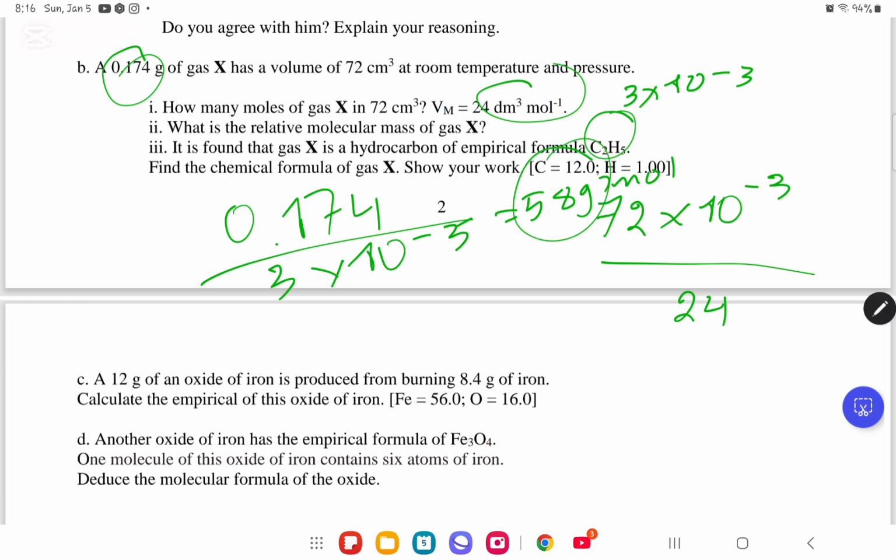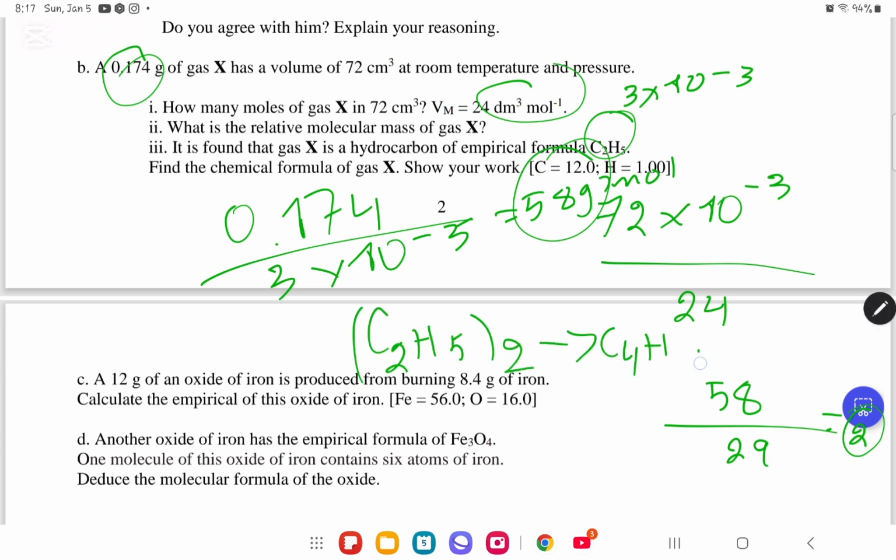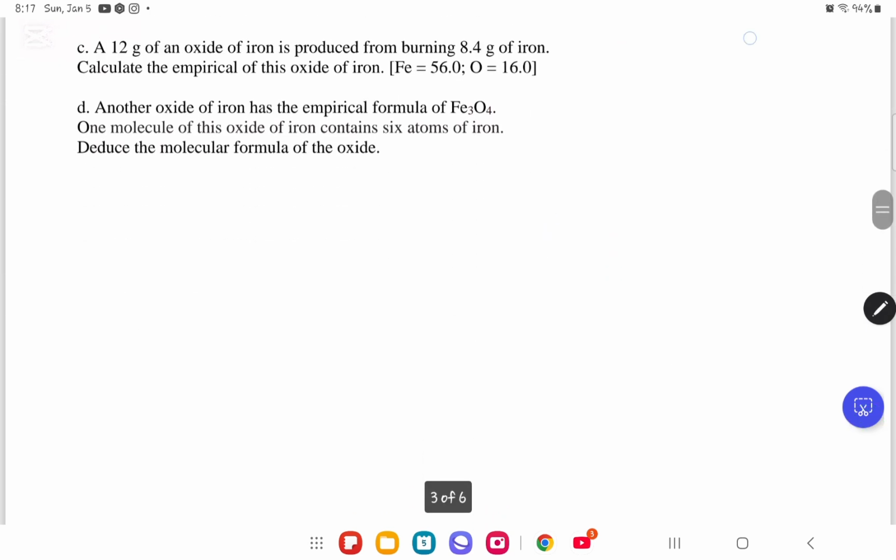And then we take the given molar mass, which is 58, divided by the molar mass of C2H5, which is 29, which will then give us 2. So that means the chemical formula of gas X is very simply C2H5 multiplied by 2, which will give us C4H10. Alright, so now we move on to part C.